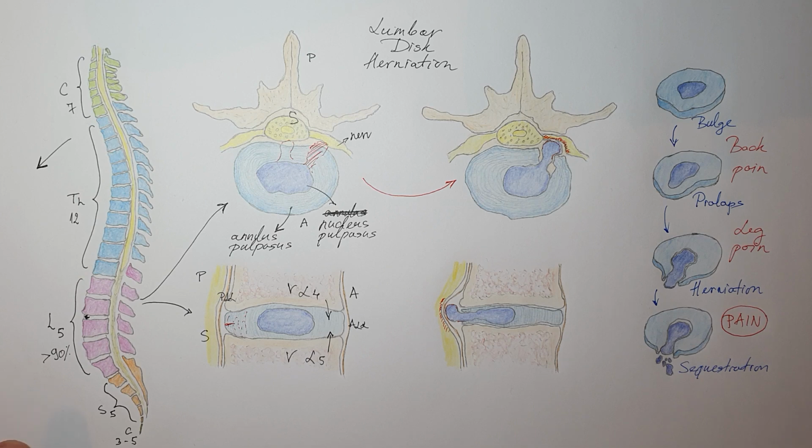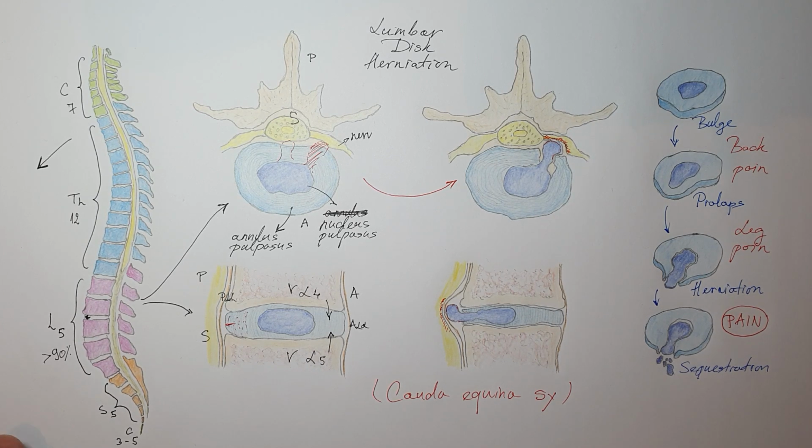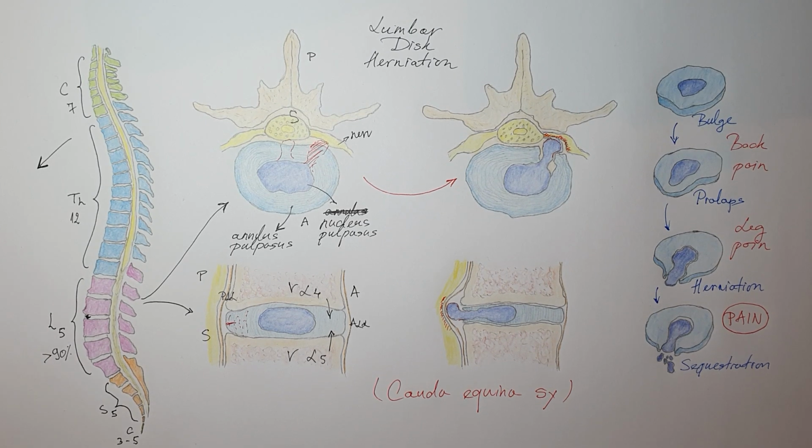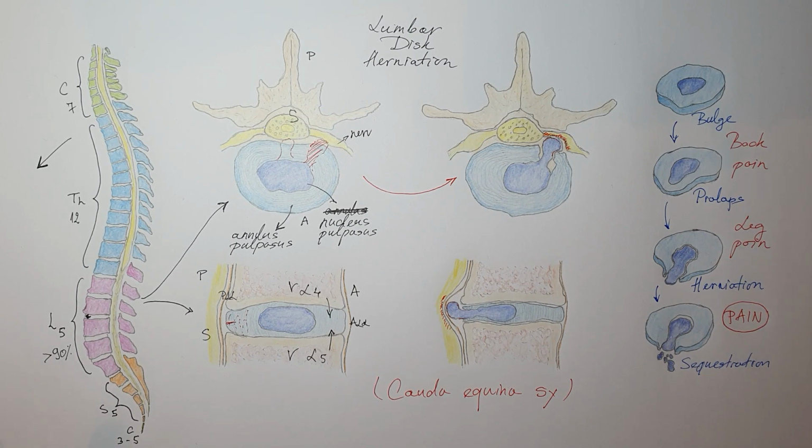Also, one very important point: there is this term called the cauda equina syndrome. Basically, if the prolapse pushes too fast and too hard on the spinal cord and the cauda equina, it can cause acute problems like pain in the groin area, pain in the gluteal area, loss of bladder control, and loss of stool control.